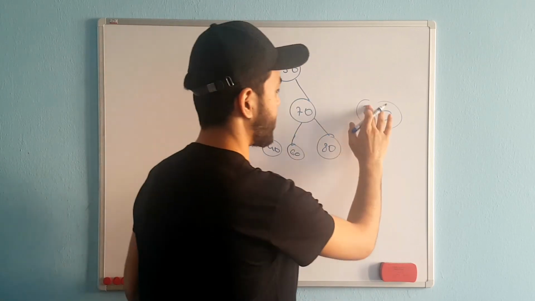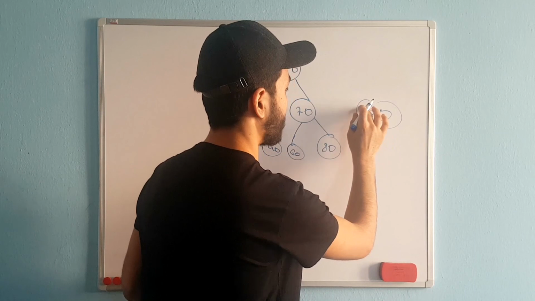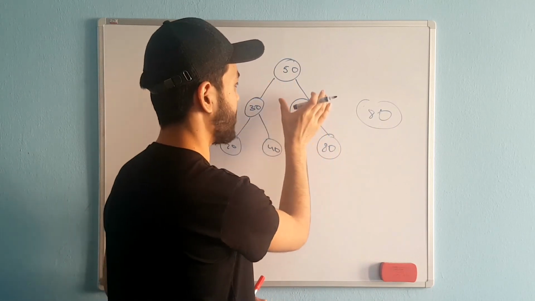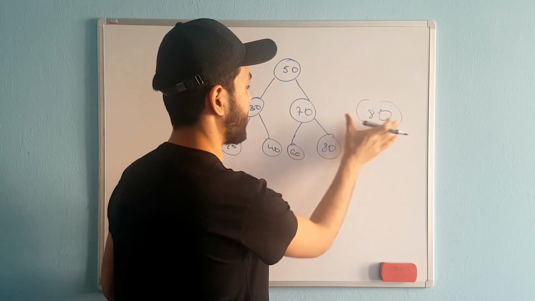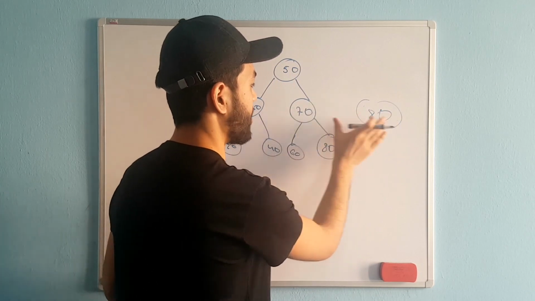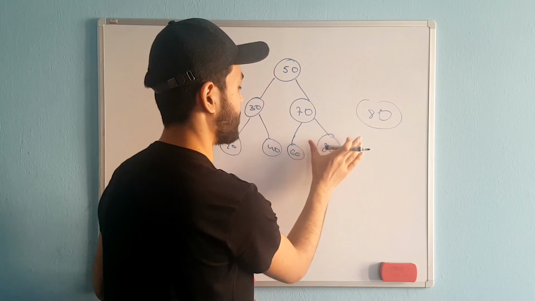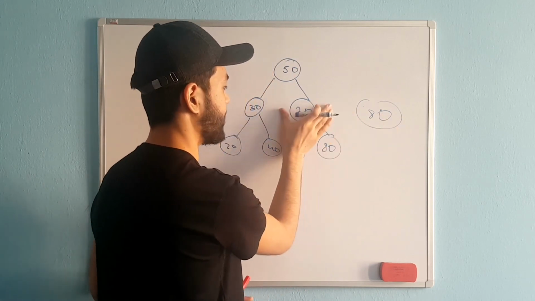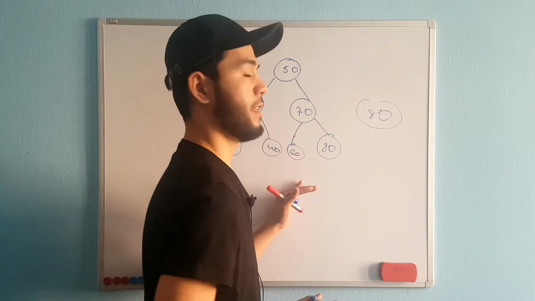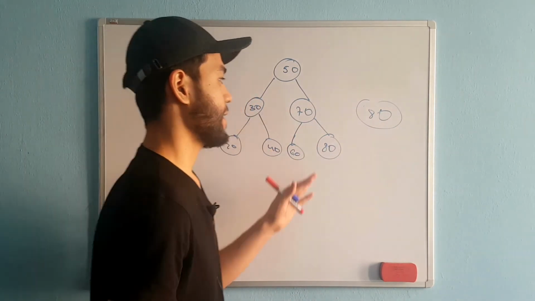If it were maybe 80, we would come here and compare the parent with 70. If 70 is less than 80, we go to the right. If this value is less than 70, we go to the left. The logic is the same, and it looks like this.